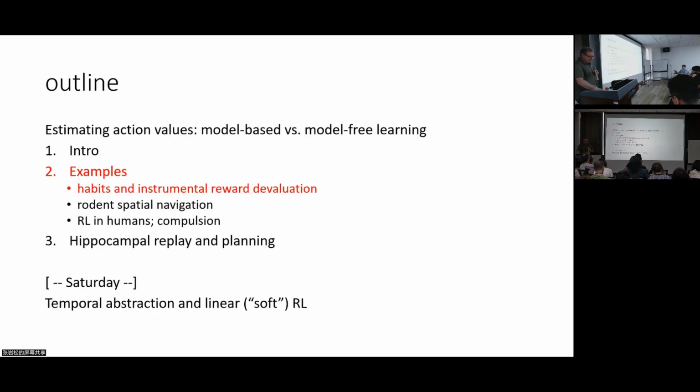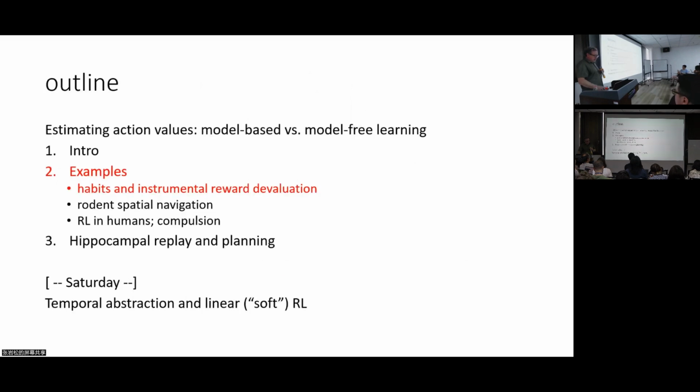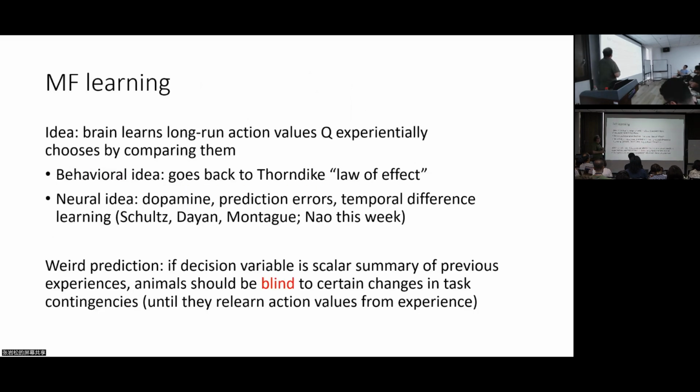So let's start trying to make this concrete in terms of data about animals and humans solving different tasks. The idea of model-free learning actually goes back in psychology even before this work on dopamine.